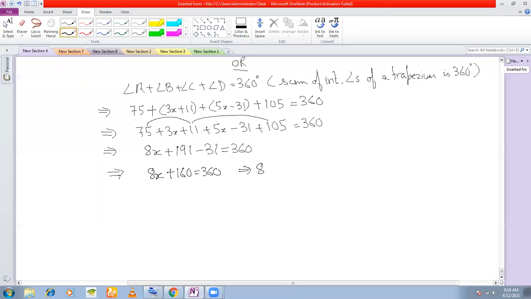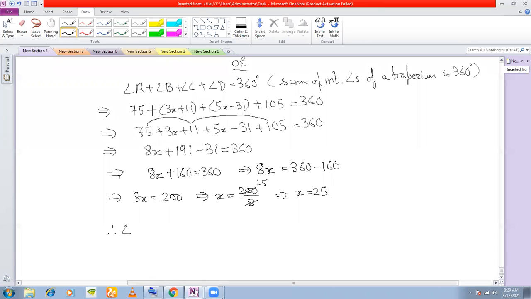That means you get 8x is equal to 200. So x is equal to 200 by 8, that means you can cancel this with 25, so x is equal to 25.